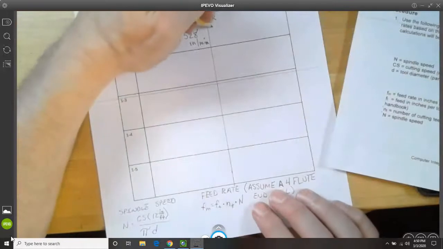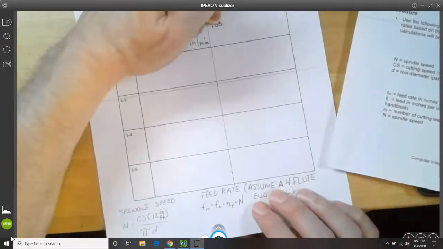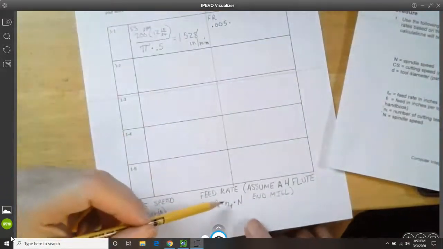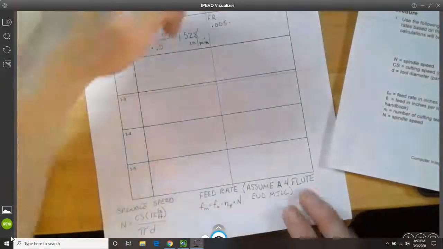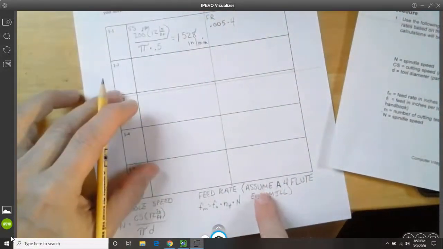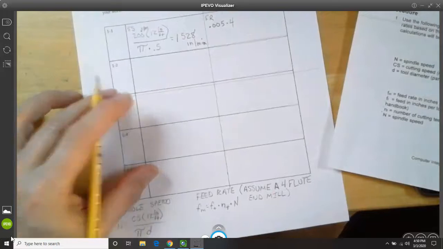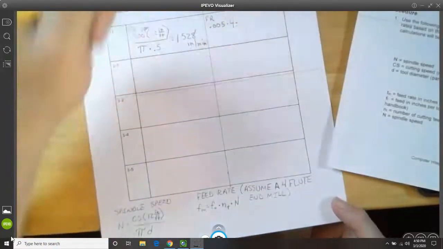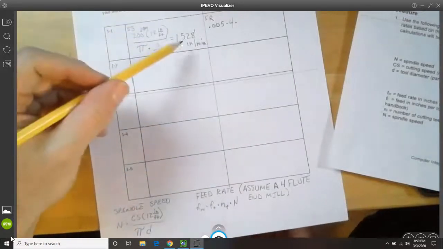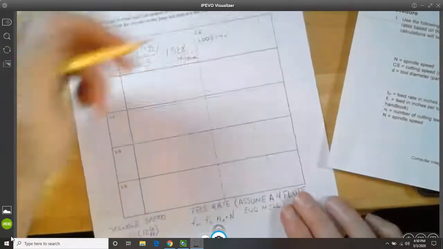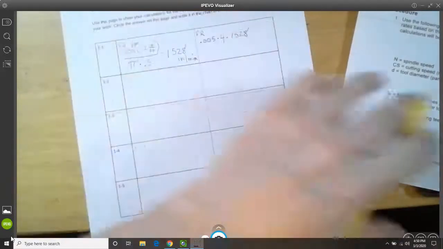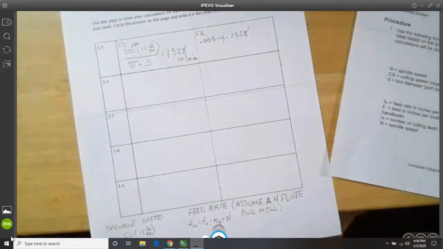So I'm going to put in 0.005 times the NT, which is the number of teeth, which is going to be 4 for all of our problems. I wrote that here. We'll assume a 4 flute end mill for all of these, times the N value, which is the speed right here, which is 1528. And again, I'll use my calculator.